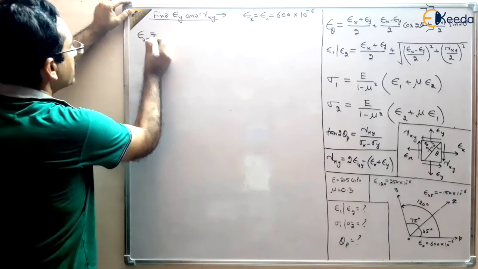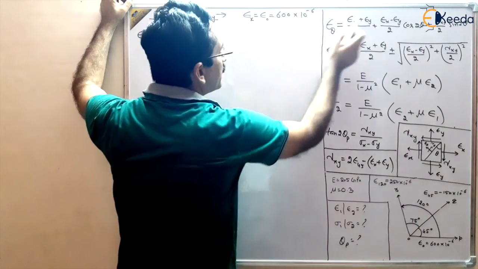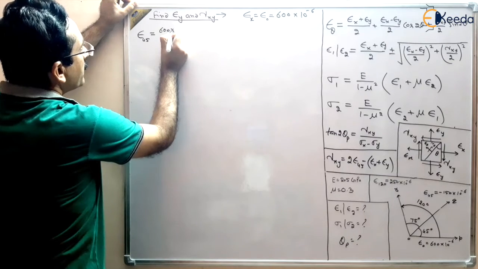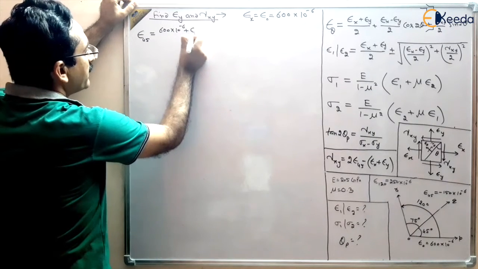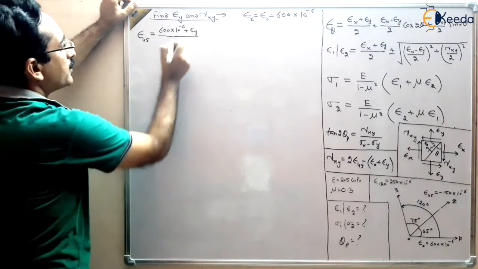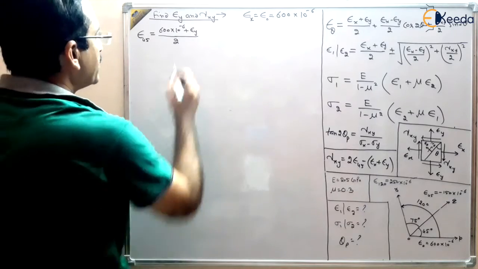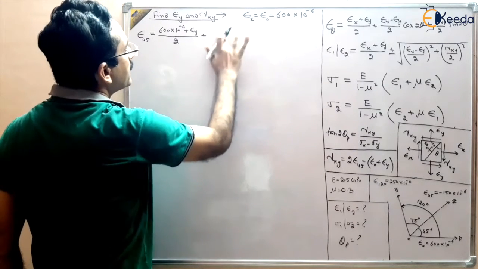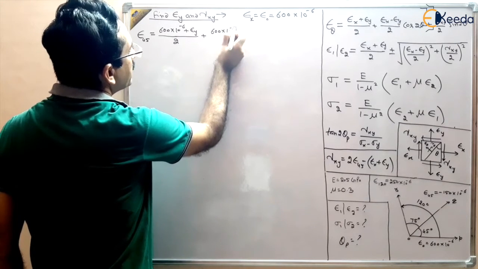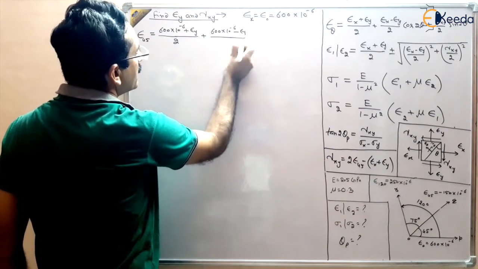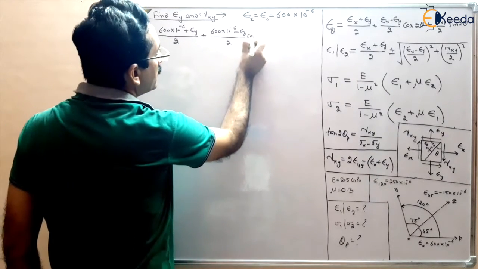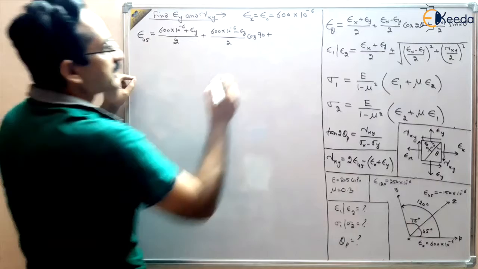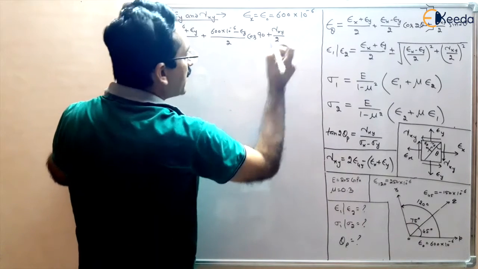That is equal to (epsilon x plus epsilon y) by 2, where epsilon x is 600 × 10^-6 and epsilon y is unknown, plus (epsilon x minus epsilon y) by 2 times cos 2 theta, where 2 theta gives cos 90, plus gamma xy, which is unknown, times sin 2 theta, which is sin 90.